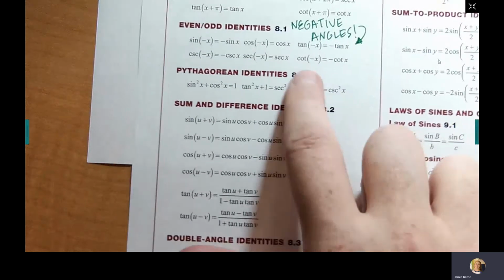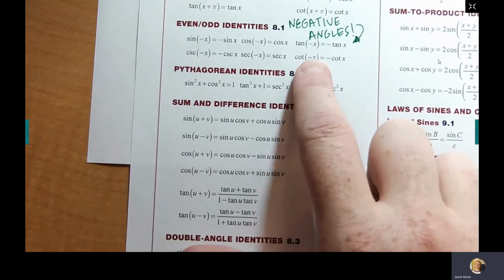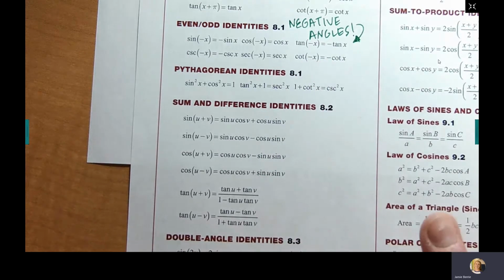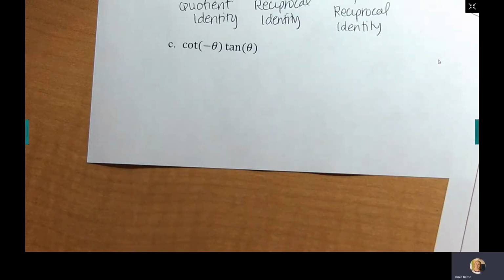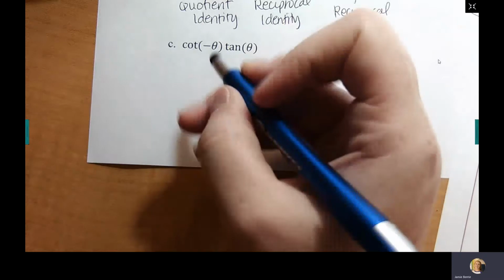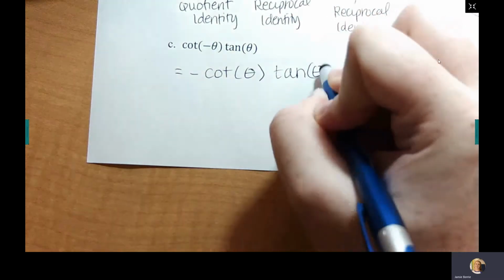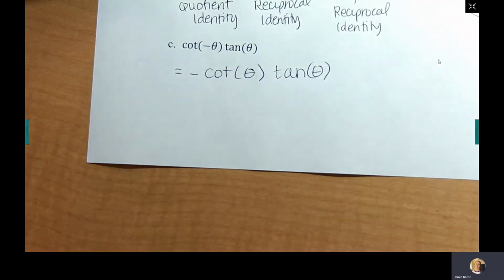Cotangent of negative x is negative cotangent x, so the negatives can just pop outside. So we're going to rewrite that as negative cotangent theta times tangent theta. Make sure you keep that negative out front, don't lose it.